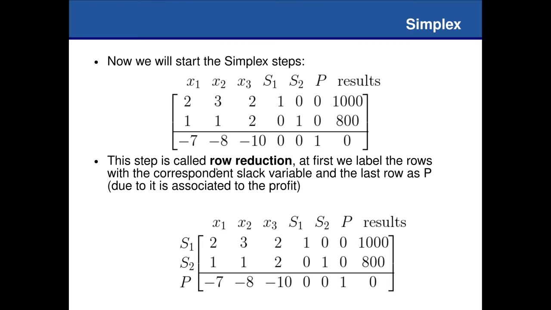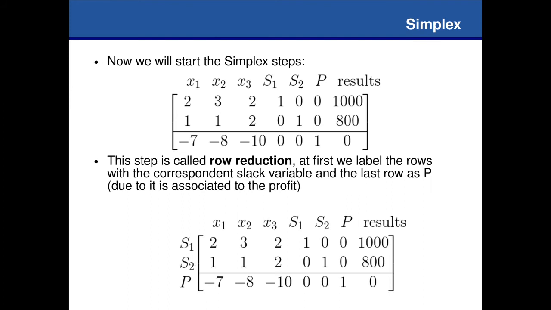But before reducing, there is something quite interesting. Take a look at this. We are going to use some variable names as row names as well. What is the row name of the first row? That is S1. The second is S2. Why did we decide to use S1 and S2 here?